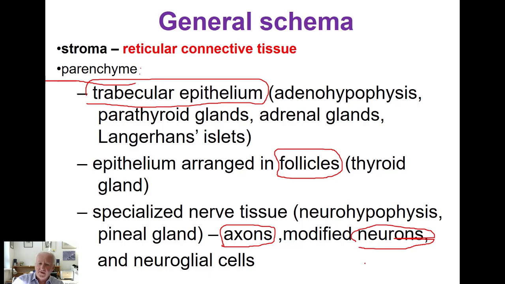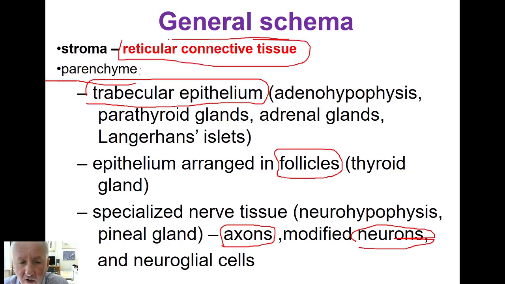The secretory epithelium has to be surrounded by reticular connective tissue, forming a basic supporting stroma of reticular fibers and some cells.